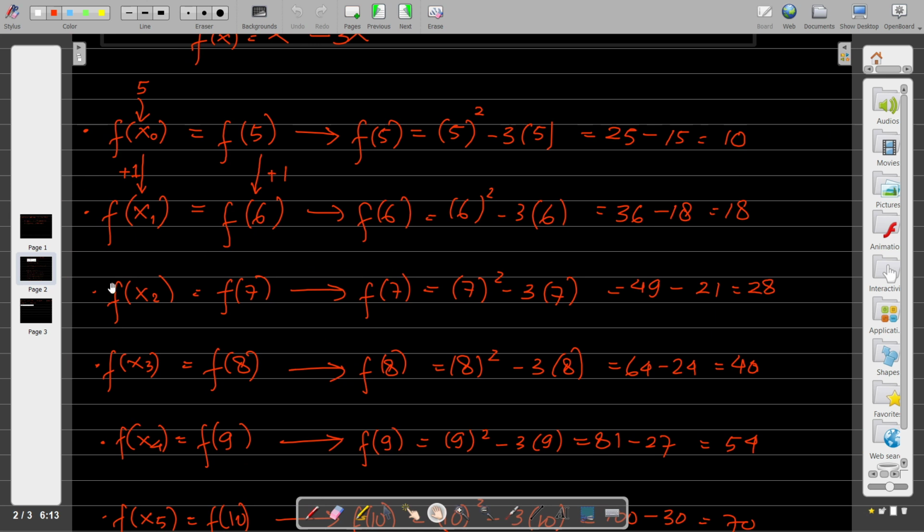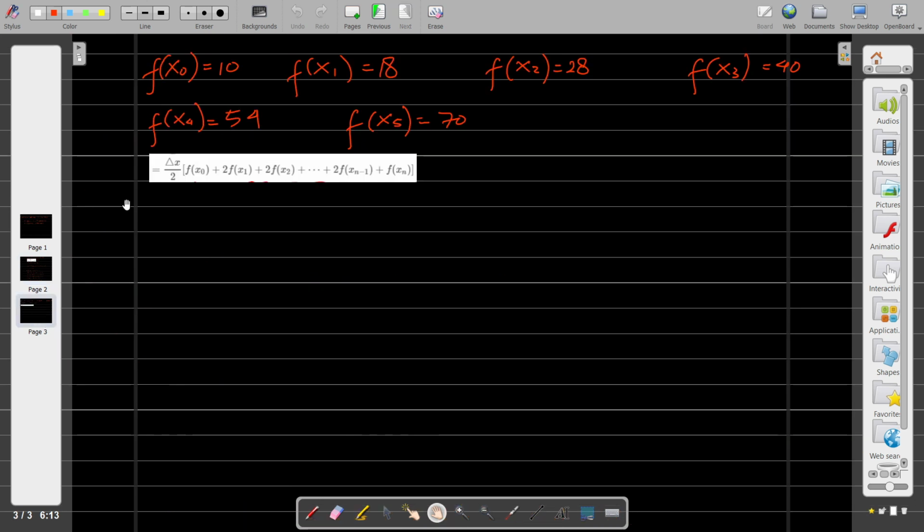All of the values of x are already written again on the next page, so we don't have to always go back to our previous page. Now we are going to put all the values of f(x) into the general formula, so this is the integral from a to b of f(x) dx.